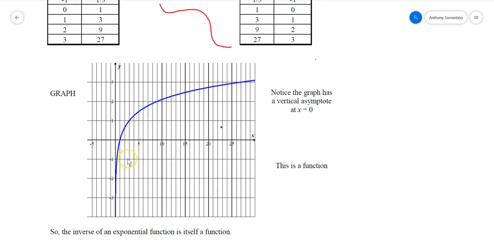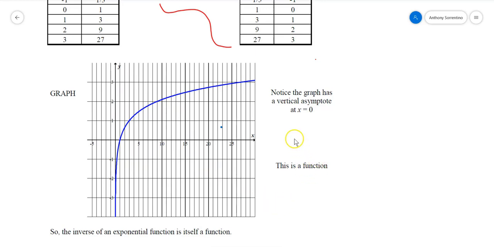Because of that, this has a domain restriction that I can only put in values that are above 0, because it's impossible for me to raise any positive number to a power and get 0, let alone get any negatives. And so where we had a horizontal asymptote with the exponential function, we have a vertical asymptote at x equals 0 for this logarithmic function.